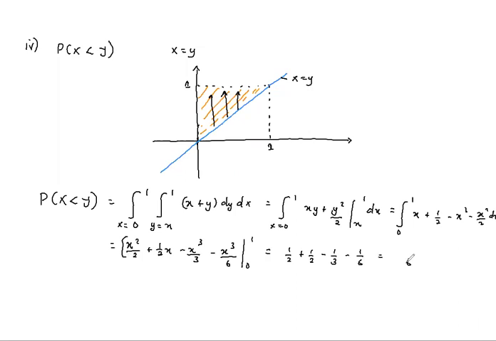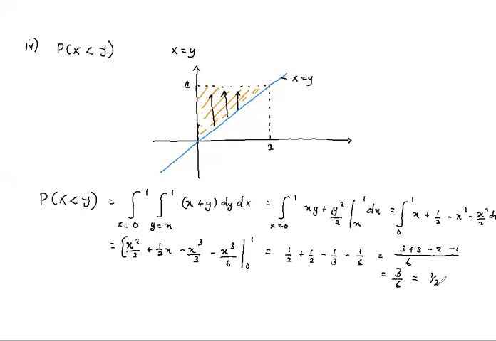So this is 6 down, and 2 there. We have 3 plus 3 minus 2 minus 1. So that we get 3 plus 3, that's 6. 6 minus 3, we get 3. So we get 3 over 6, and this is 1 over 2.